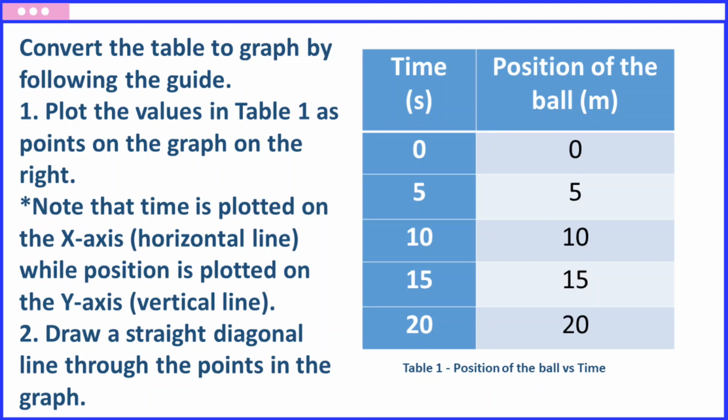And lastly, draw a straight line, which is diagonal, through the points in the graph. Yung data na nasa table number 1 actually is galing sa movement of the ball kanina sa ating diagram, na ginawa lang natin into table to present the information or the data of the ball.